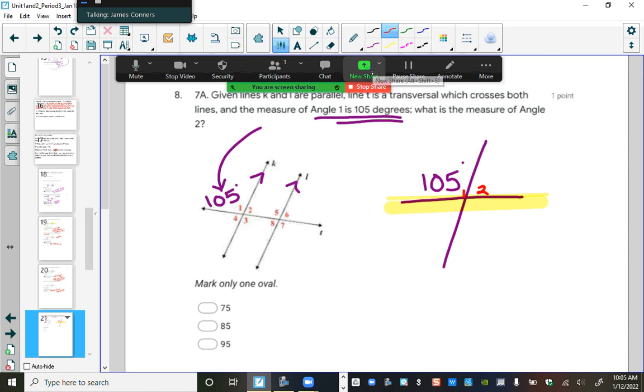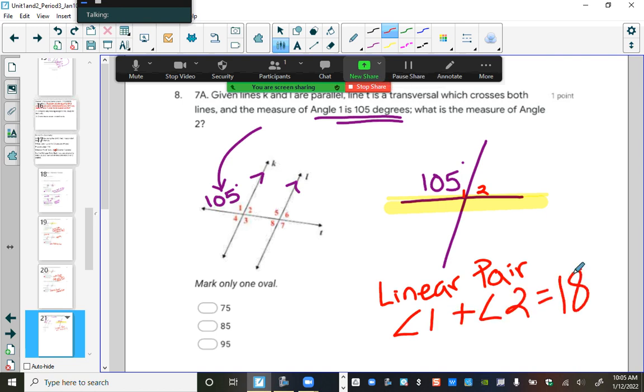So ladies and gentlemen, anytime you have a linear pair, angle 1 plus angle 2 adds up to 180 degrees. I think some of us were writing 190, some of us thought 90, some of us thought 200.